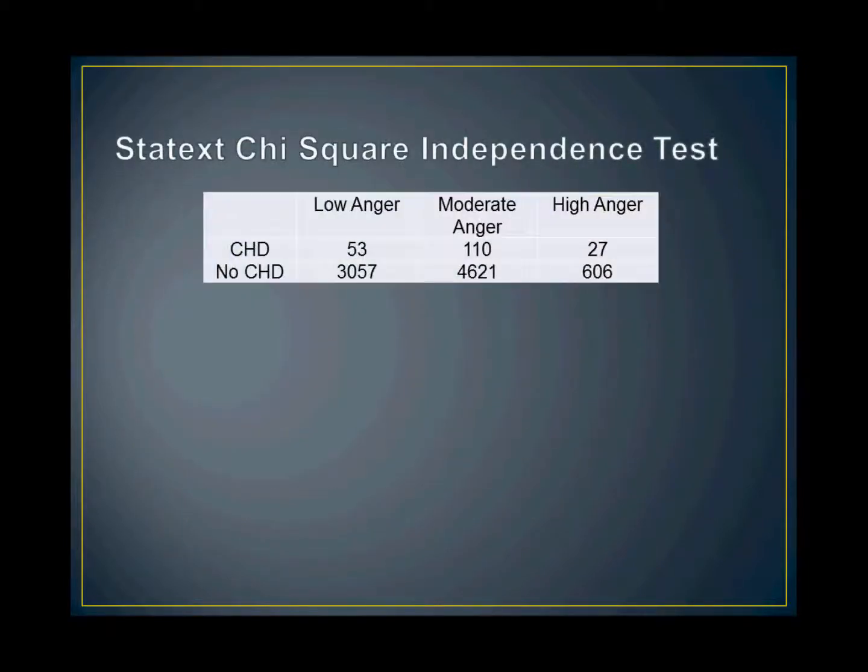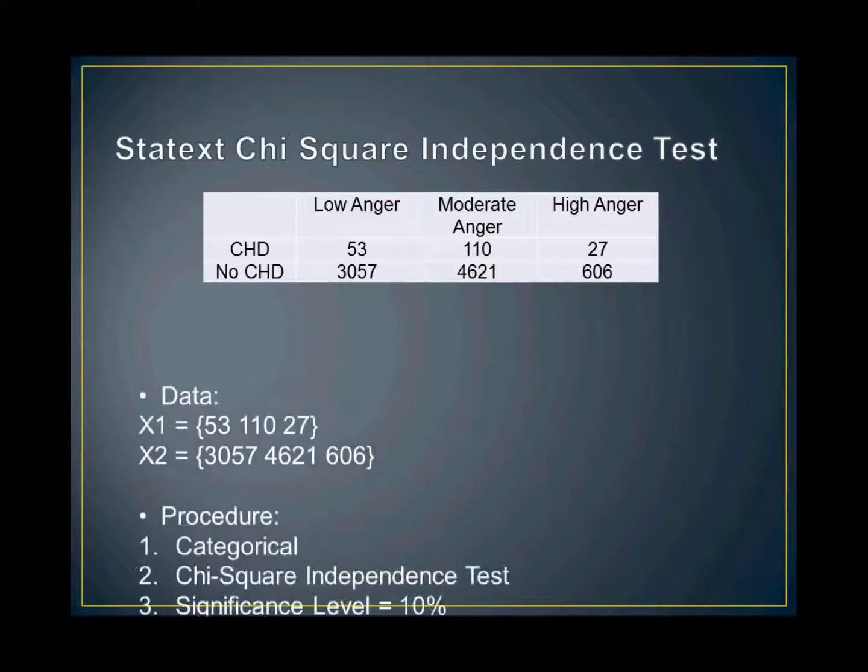So here the rows are for the existence of the heart disease, and the columns are for the level of anger the subjects have. So that's why we need to know if there's a relationship between the level of anger and the existence of heart disease.